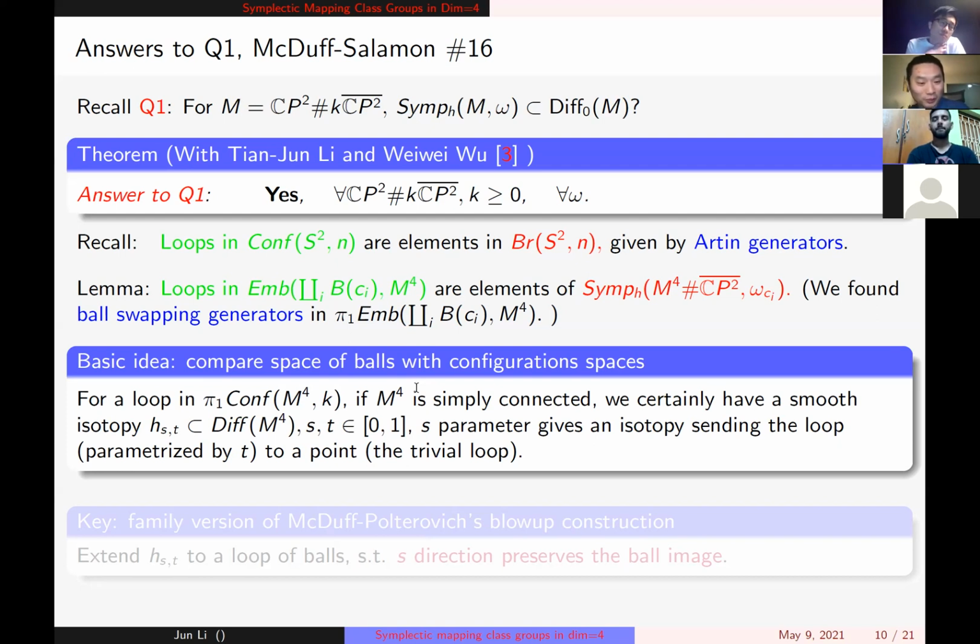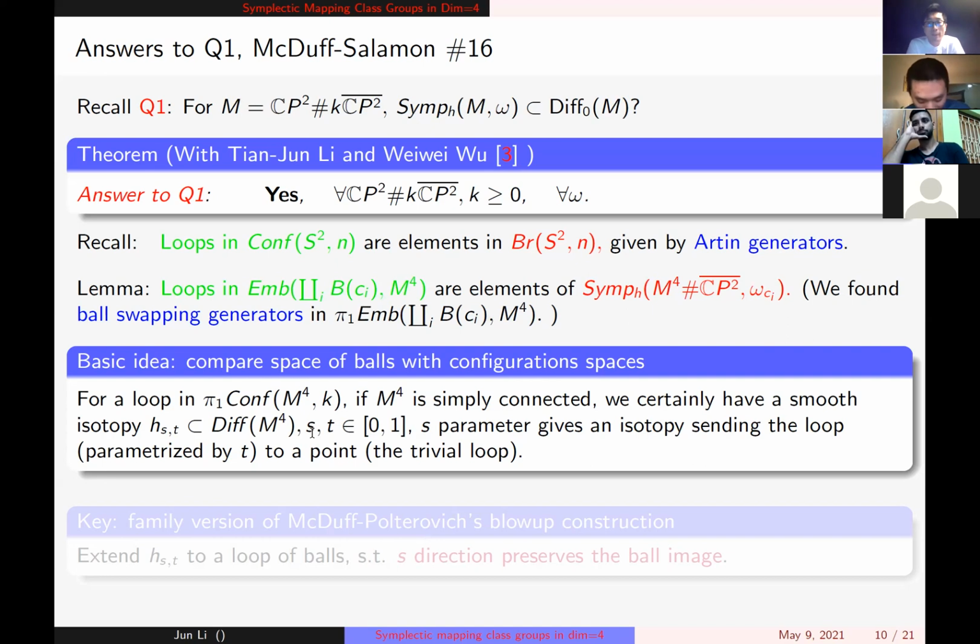That means for any loop, we are able to at least homotope it to the identity loop, which means a point. Now I think standard modification will enhance this homotopy to a smooth isotopy. Here we have some notation like H_st, which is a family of diffeomorphisms in CP2. The t direction is the loop direction, and the s direction is the homotopy direction. We are able to do that at least.